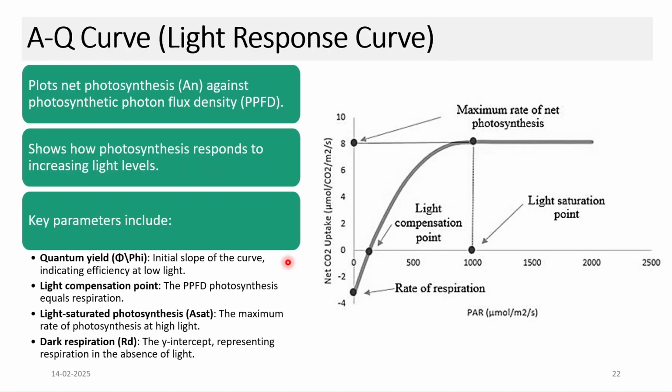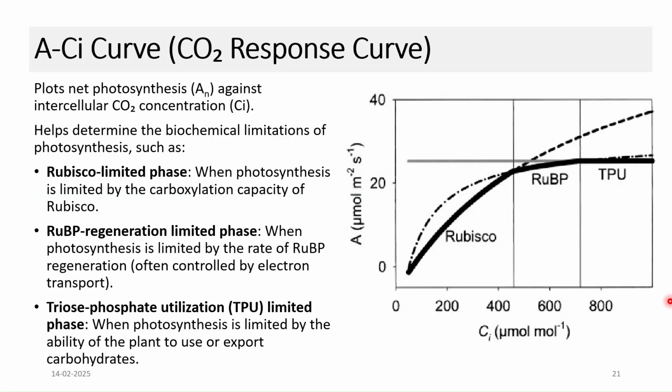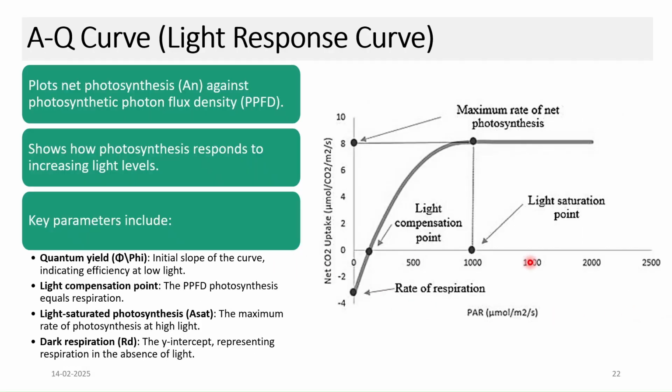Now, the next type of photosynthetic response curve is the AQ curve. In the AQ curve, the y-axis is net carbon dioxide uptake and the x-axis is varying light. If you had seen here, it was intercellular carbon dioxide concentration, but here what you see is varying light.